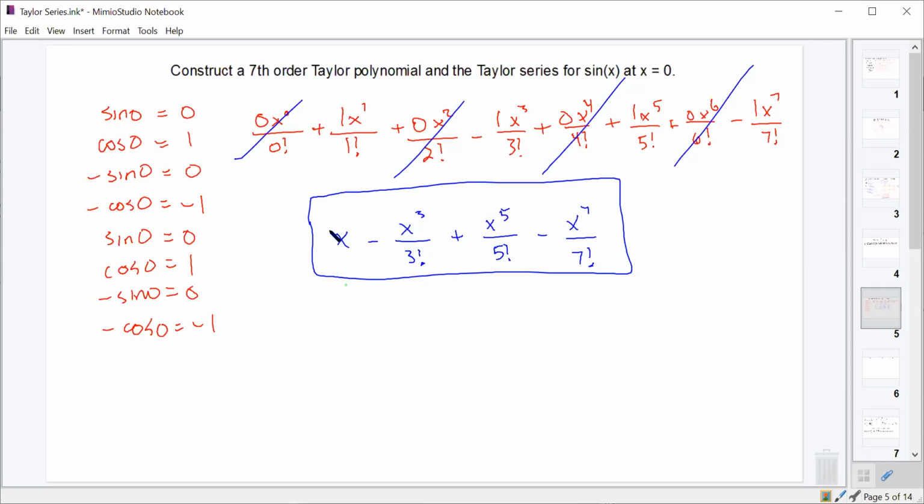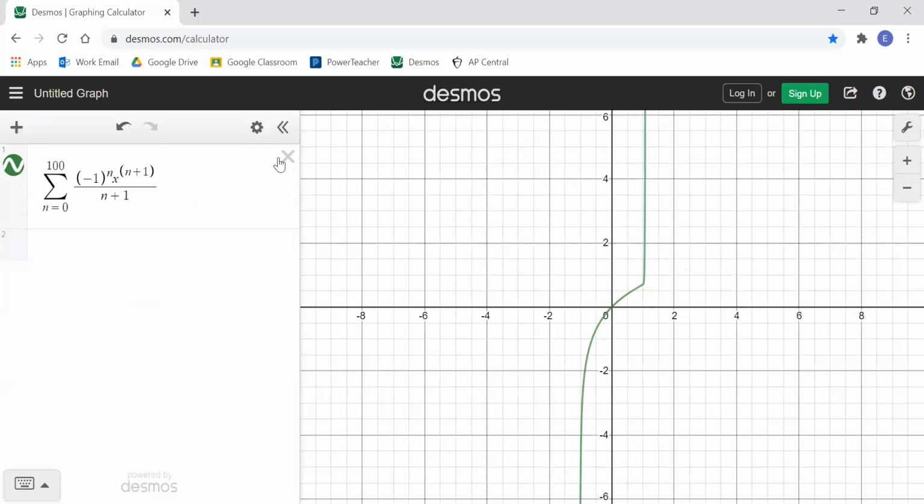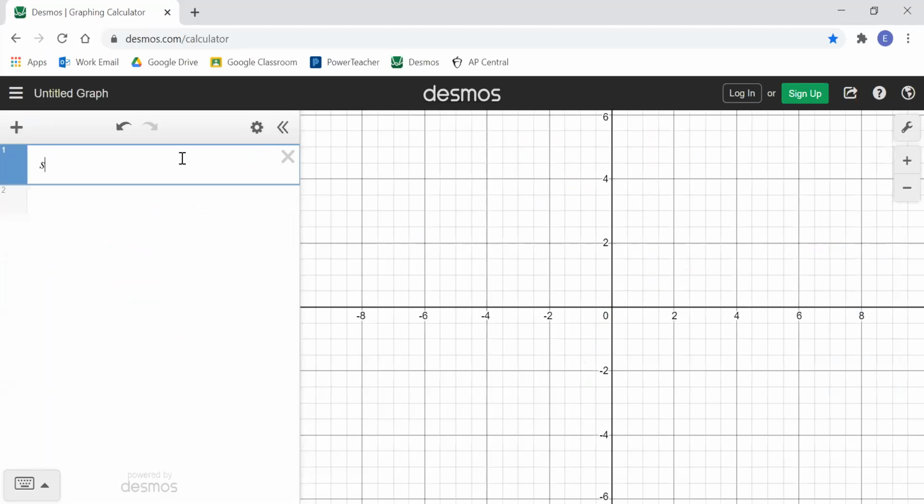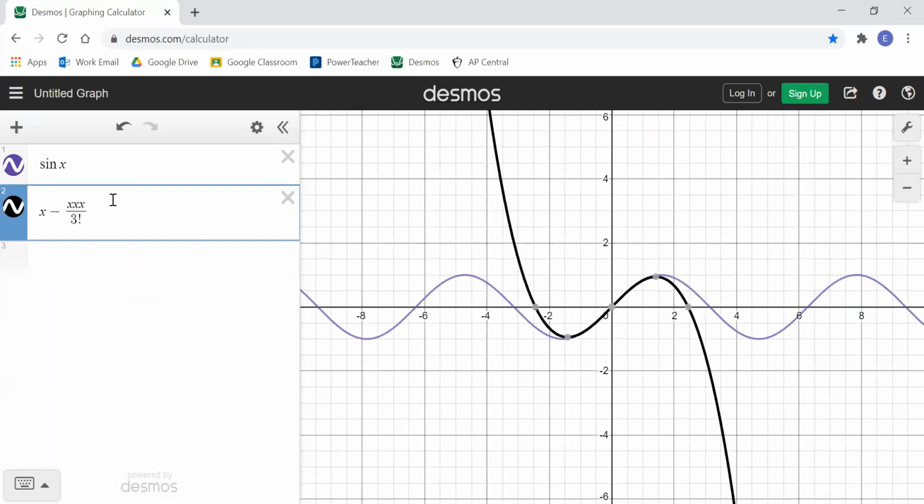Now, obviously, we don't need to approximate sine of x at x equals 0. But what it's really doing is allowing us to see what the curve sine x looks like close to x equals 0. And this is the part where you will be amazed. So we started with x minus x cubed over 3 factorial, which is x cubed over 6.